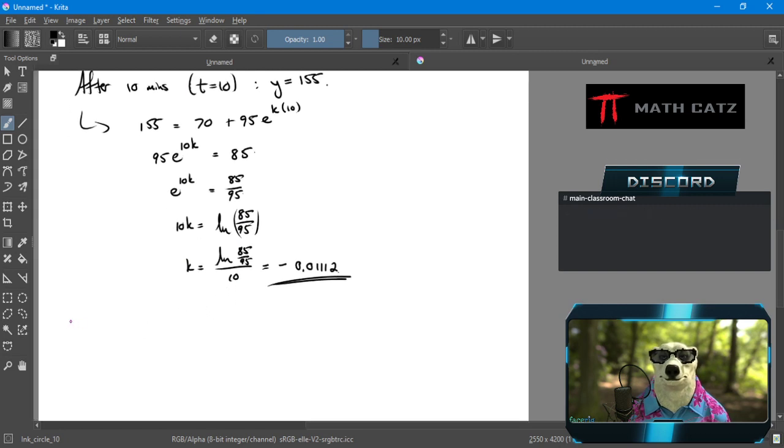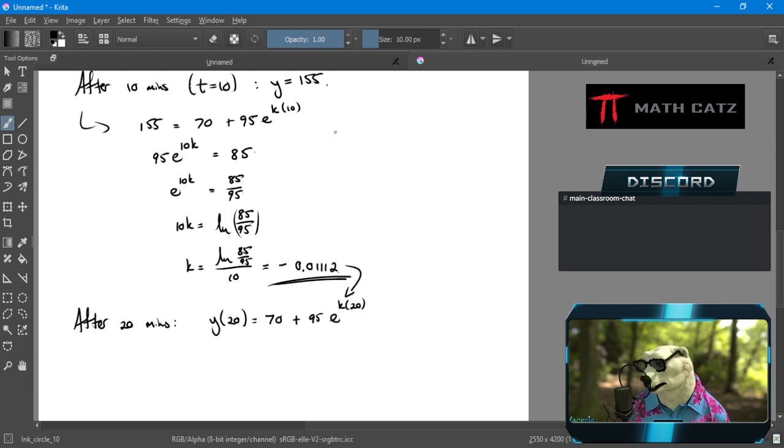So after 20 minutes, we simply use the function and plug in 20 for t. 70 plus 95 e to the negative, not negative. Well, you can put the k value in, but because it's a non-terminating decimal number, it might be cleaner to just leave it like that.